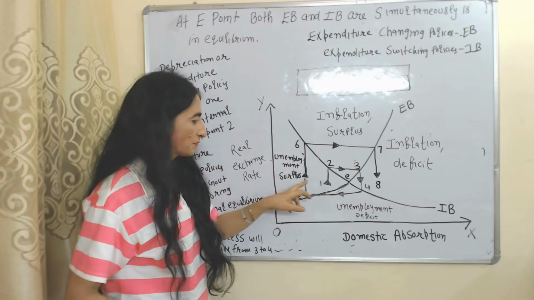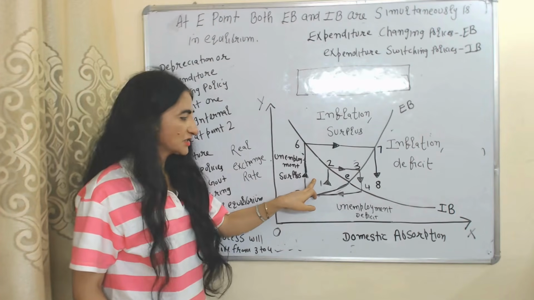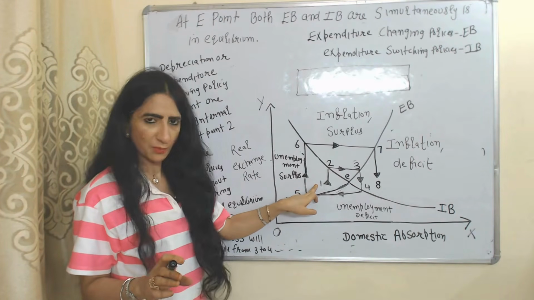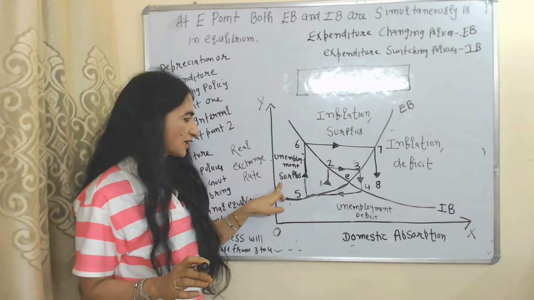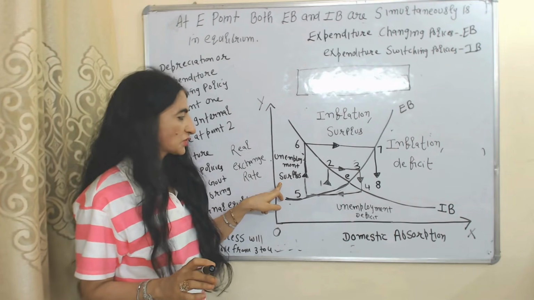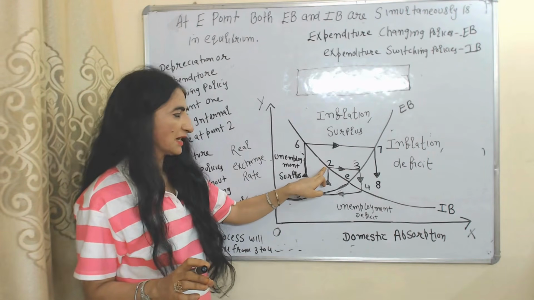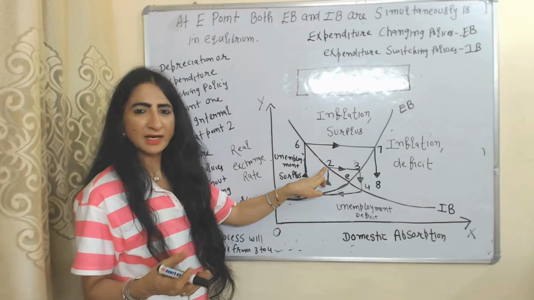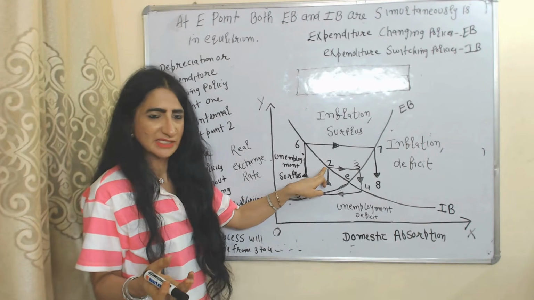Initially assume country at this point 1, where unemployment in domestic country with surplus balance of payment. So in order to achieve internal equilibrium at this point 2, a country will adopt expenditure switching policies like depreciation.